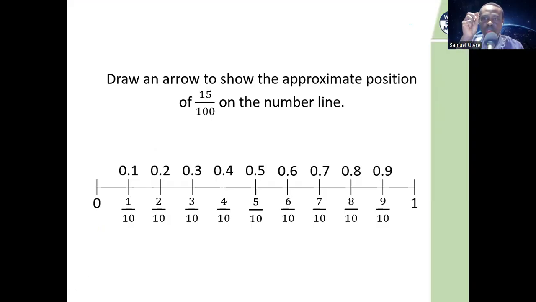And 2/10 is 20 hundredths. So now that we have this information, we can say, well, 15 hundredths has to be halfway between 10 hundredths and 20 hundredths, and should be there.